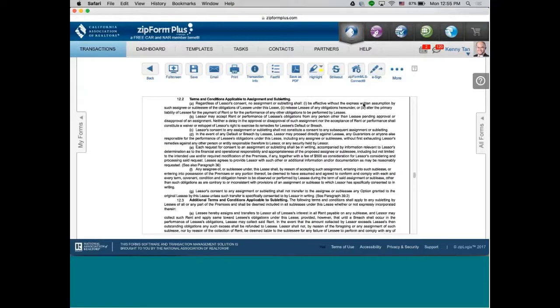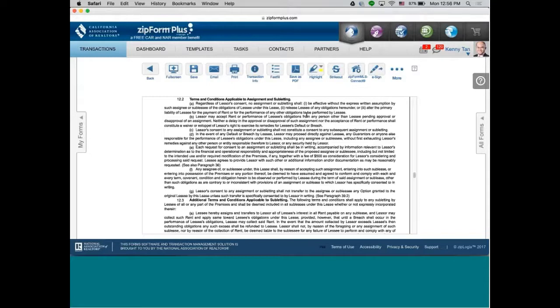Okay. And then it says here, "or 3, alter the primary liability of lessee for the payment of rent or the performance of any other obligations to be performed by the lessee." What that means is you are still primarily liable.